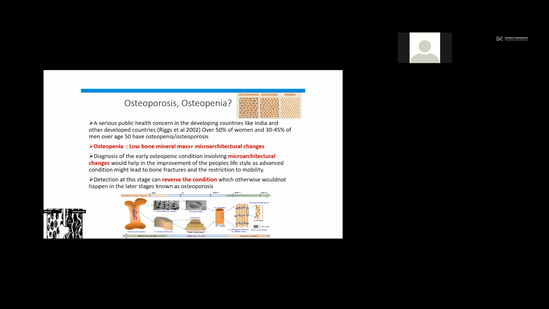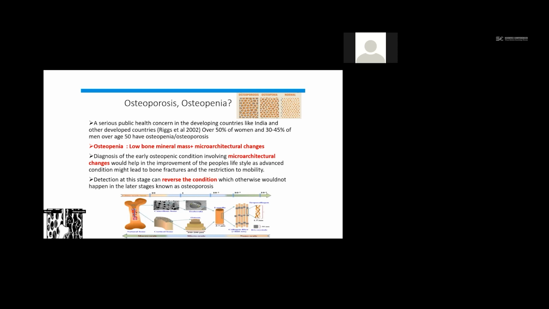So if we want to detect the early stage of bone loss, at that particular stage it might not happen that bone density will change. There are a few parameters, I will discuss them in the next slide, which are quality bone parameters and are important for the analysis of osteopenia.